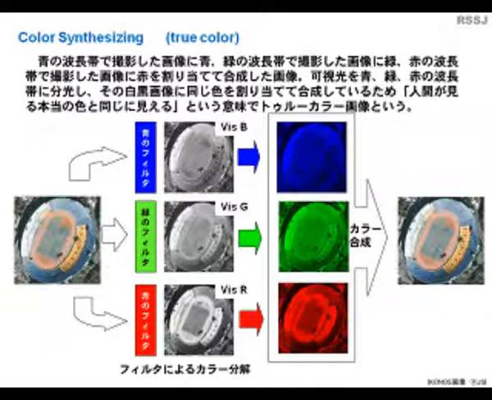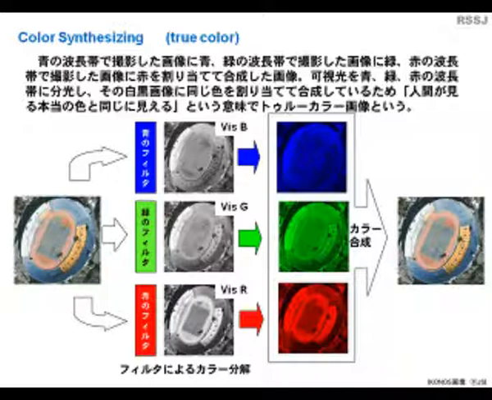This one is 400 nanometers, maybe blue, green, red, and this one is the near IR region. So we have a grayscale of each sensor.